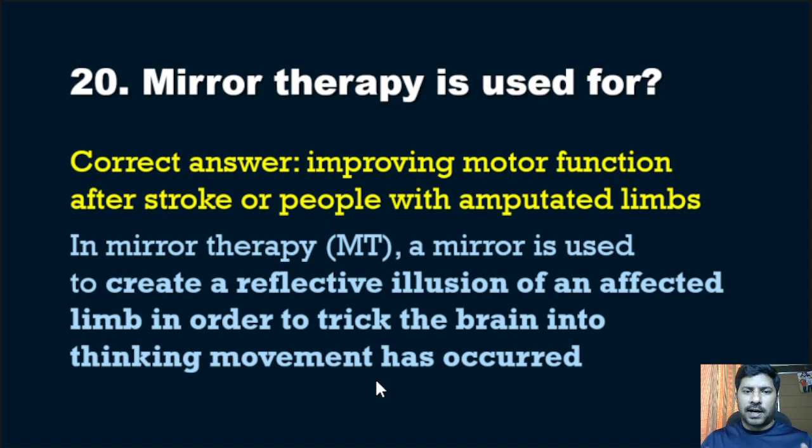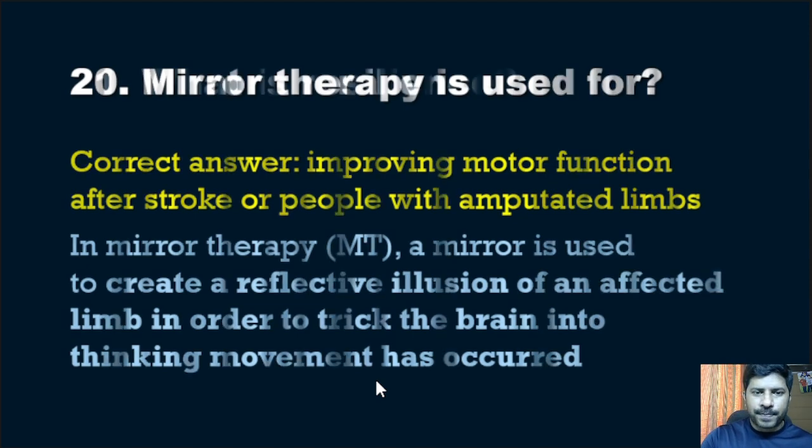If the arms are affected, the mirror is placed in between the two hands and the brain will think the mirror image is the opposite hand, which is weak. While moving the unaffected hand, the image also will move like the opposite hand. So that is mirror therapy.